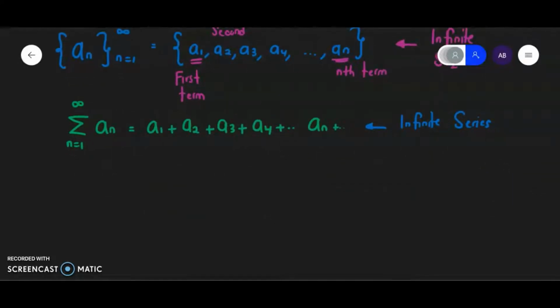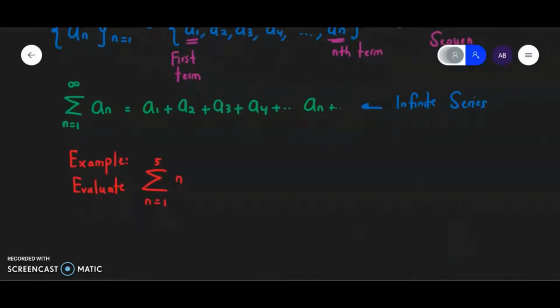Let's look at a few examples here of what it means for the infinite series. Given a question, evaluate the summation from n equals 1 to 5 of n.